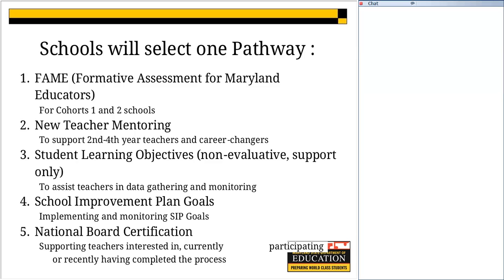Student Learning Objectives, and this is non-evaluative support only. Another side note is that none of the peer coaches or lead learners can be in an evaluative role. We think that's very important because we know that there's a certain level of safety and comfort that gives you. So that will assist teachers in the data gathering and monitoring. It'll also help them think more closely about how they're writing their SLO, the purpose of it, and how they're going to gather that data and how they're going to monitor and feedback.